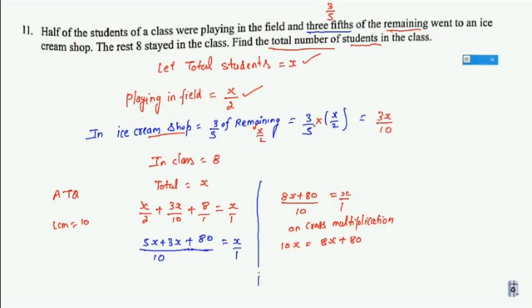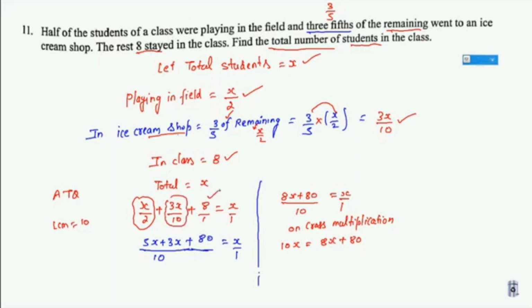Half of the students of a class were playing in the field and 3/5 of the remaining went to an ice cream shop. The rest 8 stayed in the class. Find total number of students in the class. In this type of question, we will suppose total number of students. So let that is x. Playing in field, half means x by 2. In ice cream, 3 by 5 of remaining.